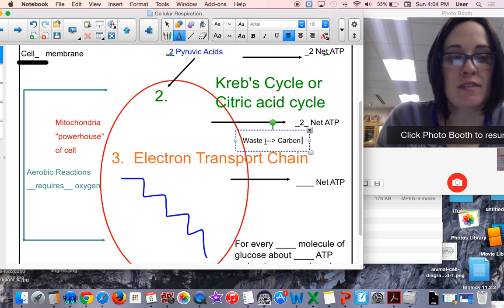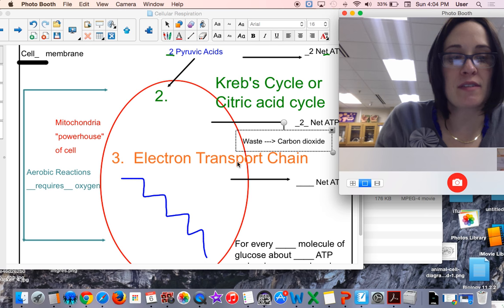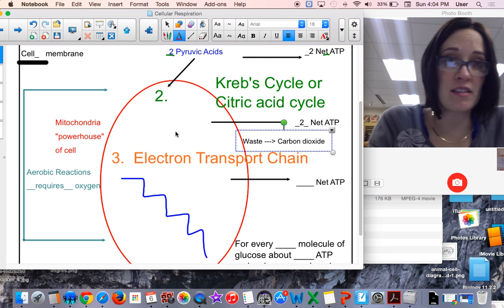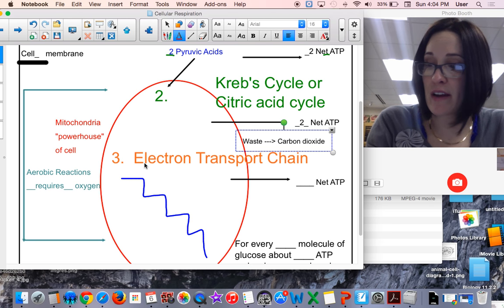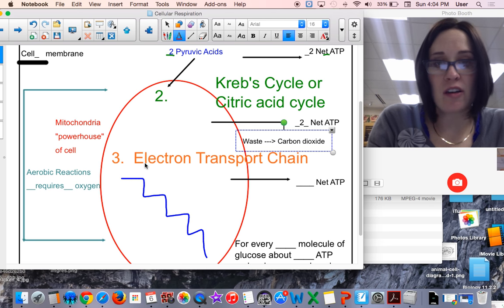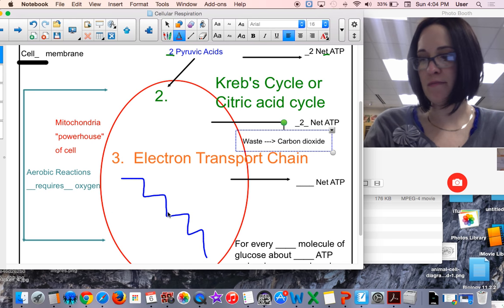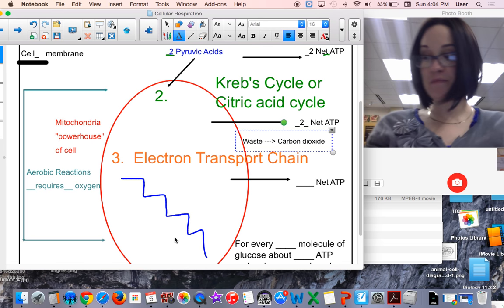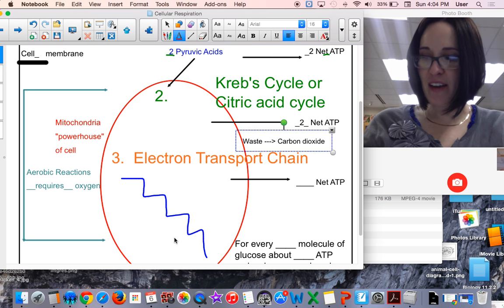I'll just write carbon dioxide, okay, gas. All right, after the Krebs cycle, the products of that then move to the electron transport chain. It's called the electron transport chain because it's a stepladder, essentially a chain of events that transport, guess what? Electrons, okay?